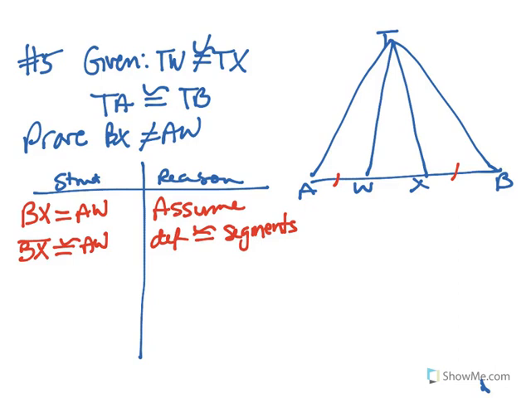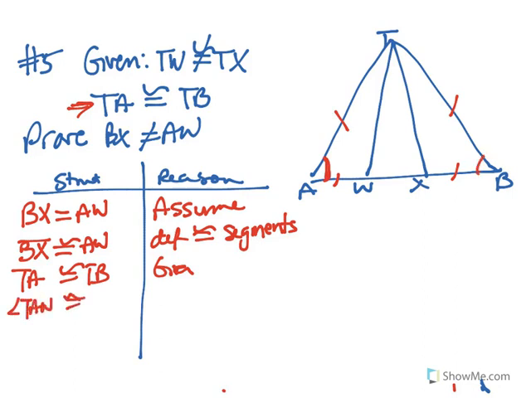And so then if those two are congruent, we can move to this given right here. TA is congruent to TB, given. And then we can say that this angle right here, TAW, is congruent to this angle right here, TBX. And why is that?